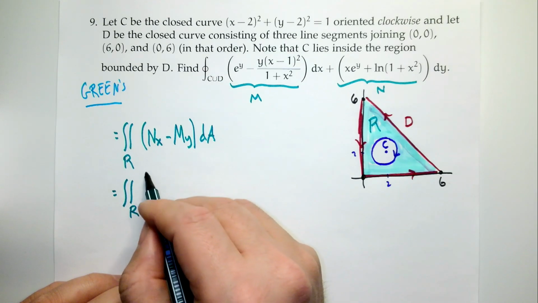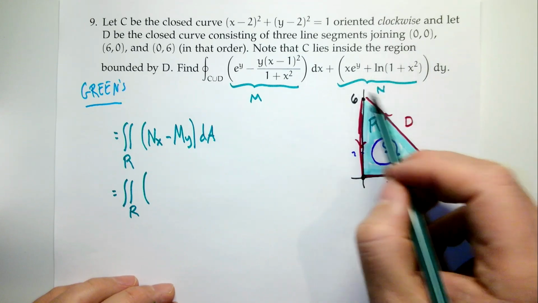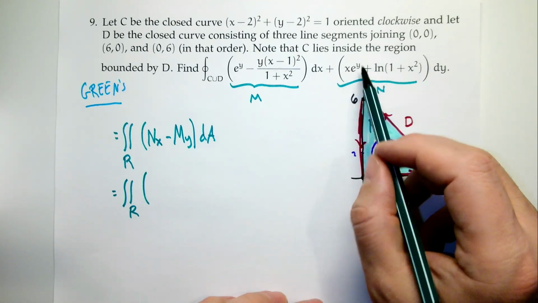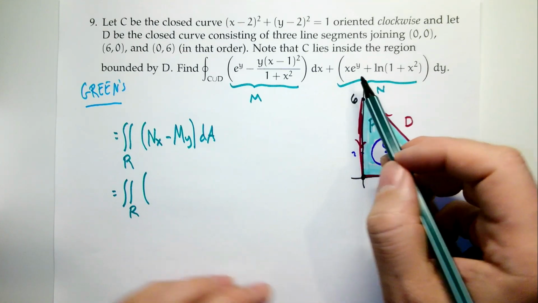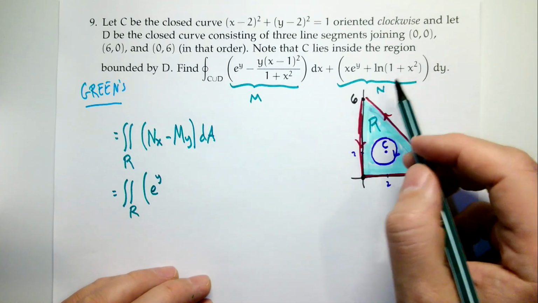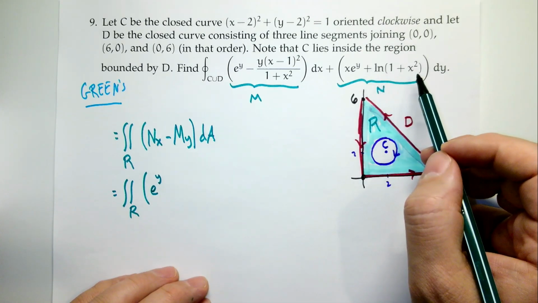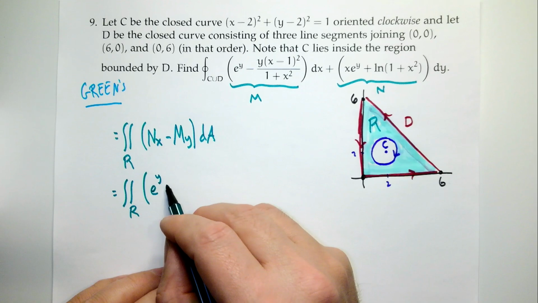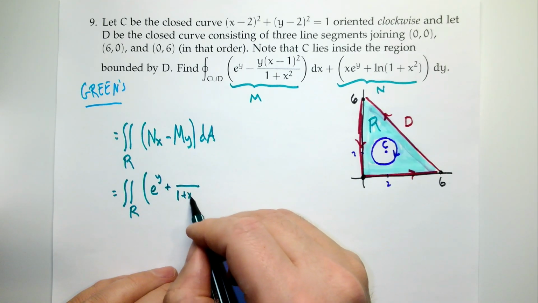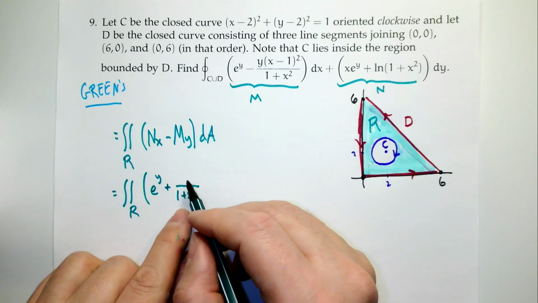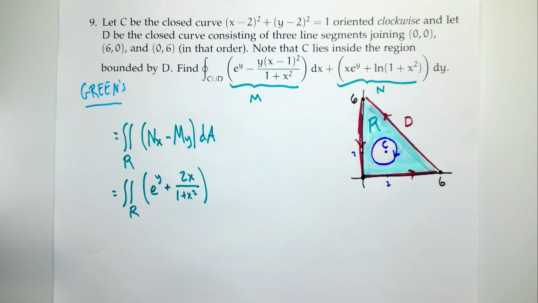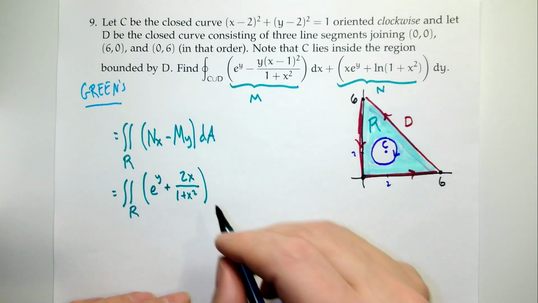Integral over our region. Take the derivative here with respect to x. Well, the derivative of x e to the y with respect to x is e to the y. Derivative of natural log of 1 plus x squared: well, that would be 1 over 1 plus x squared times the derivative of 1 plus x squared, which is 2x. All right, so there's our partial N partial x.